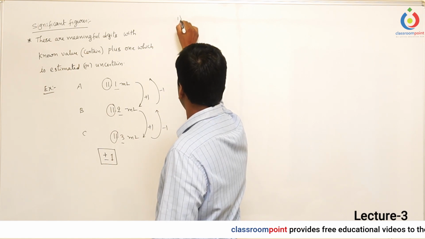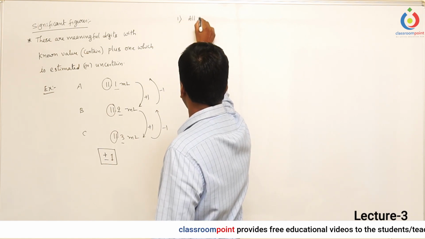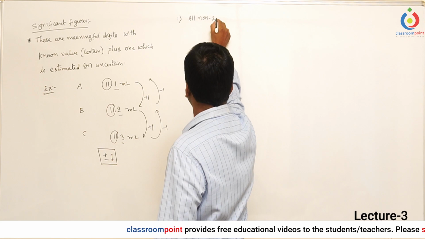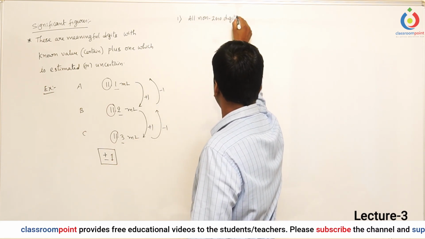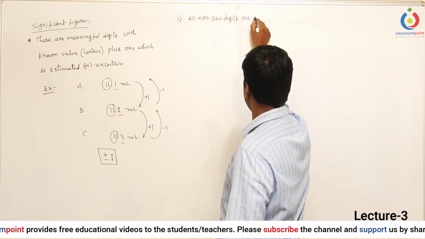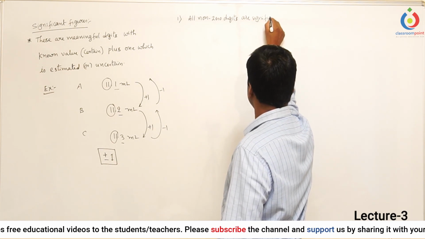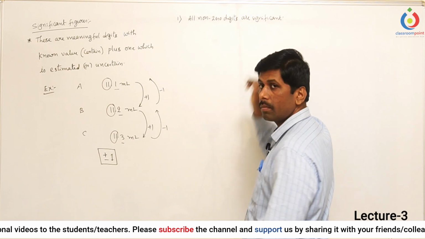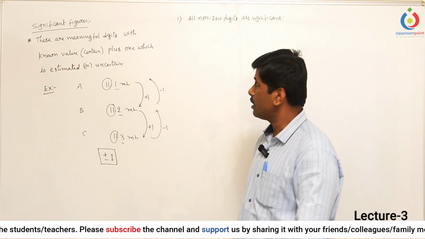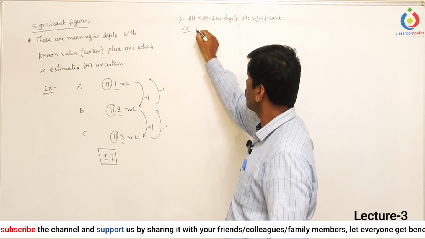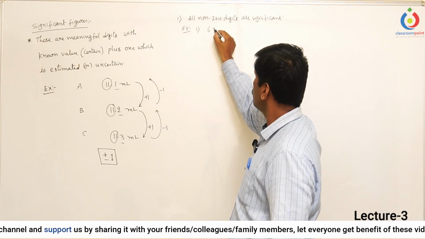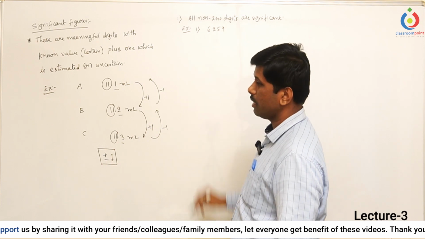So, first one, all non-zero digits are significant. Example, 6, 2, 5, 9 is there.